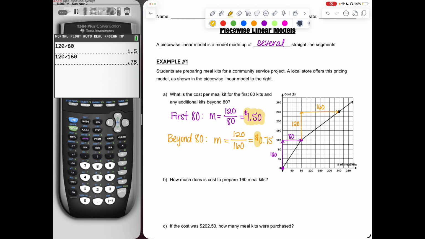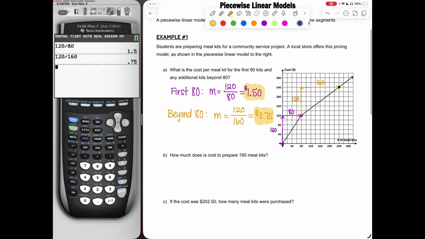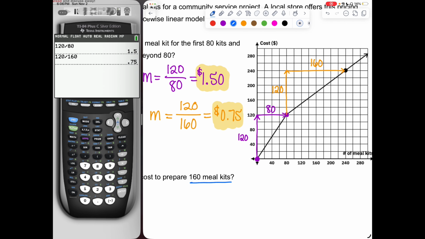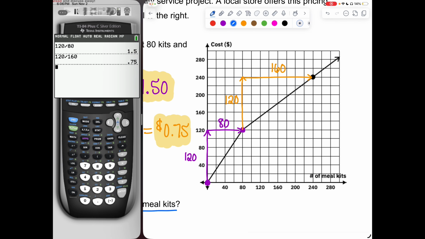per meal kit. Part B says, how much does it cost to prepare 160 meal kits? If it tells us to prepare 160 meal kits, I go to 160 here, trace it up and then trace it over, and this will be my cost.